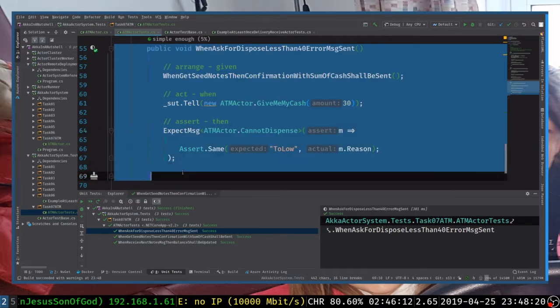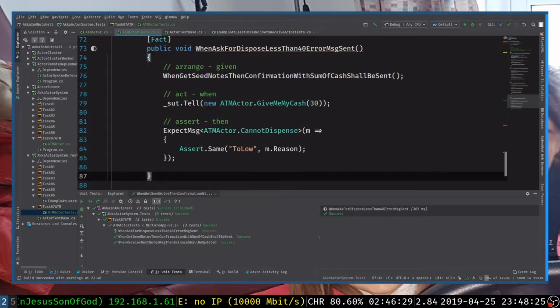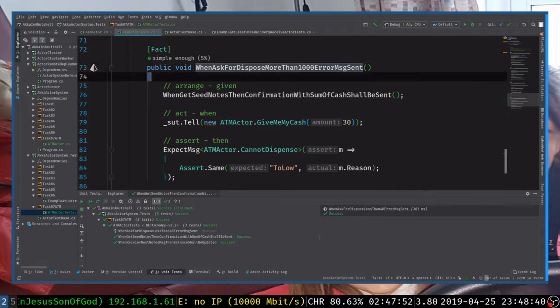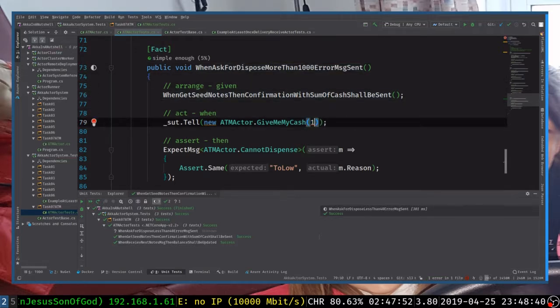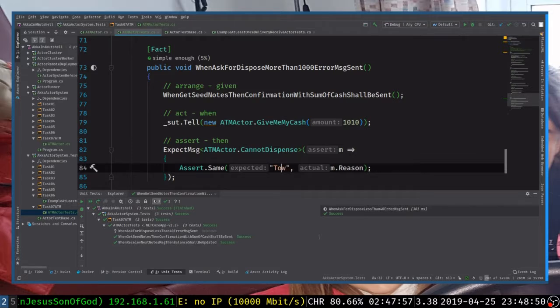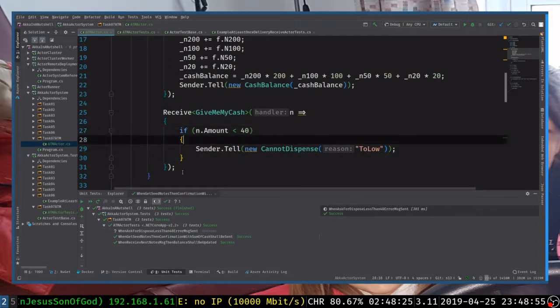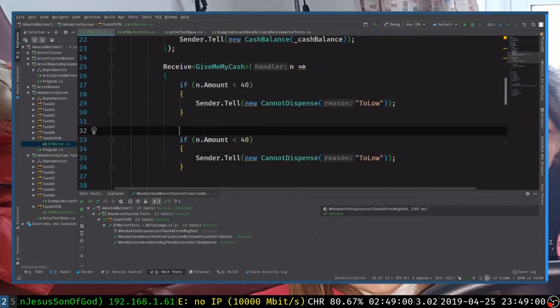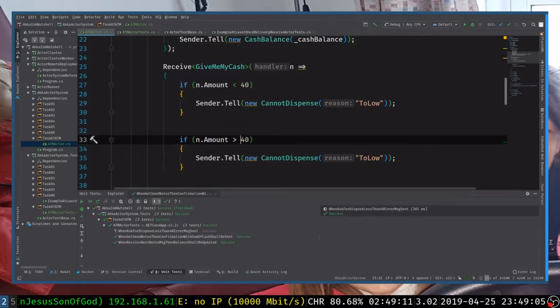So now we need to have a very similar test, but when asked to dispense more than 1000, so that's more than 1000, too low, too high.